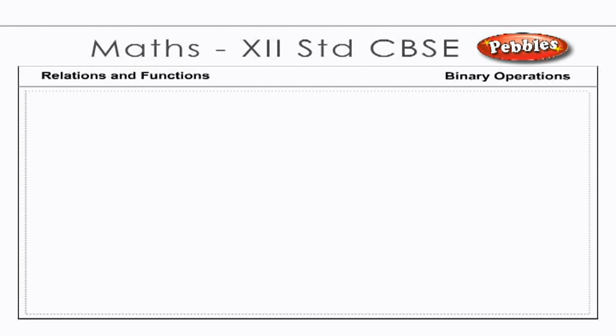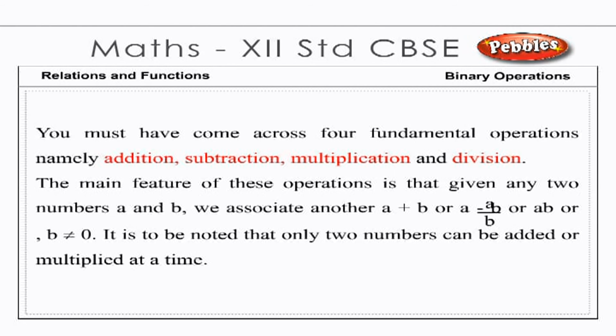Binary operations. You must have come across 4 fundamental operations, namely addition, subtraction, multiplication, and division. The main feature of these operations is that, given any two numbers a and b, we associate another number a + b or a − b or ab or a/b, b not equal to 0.